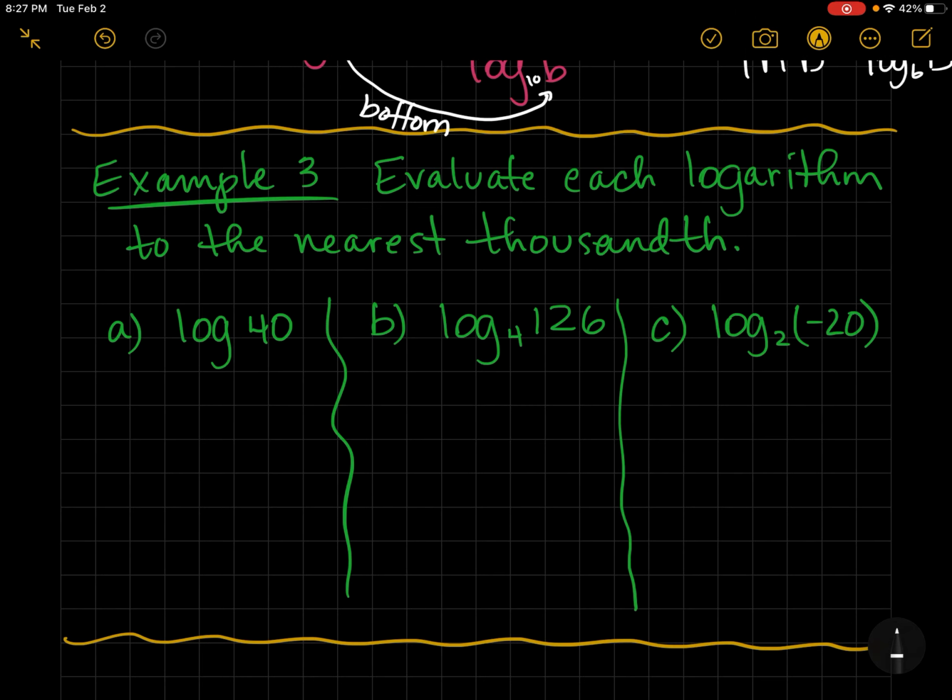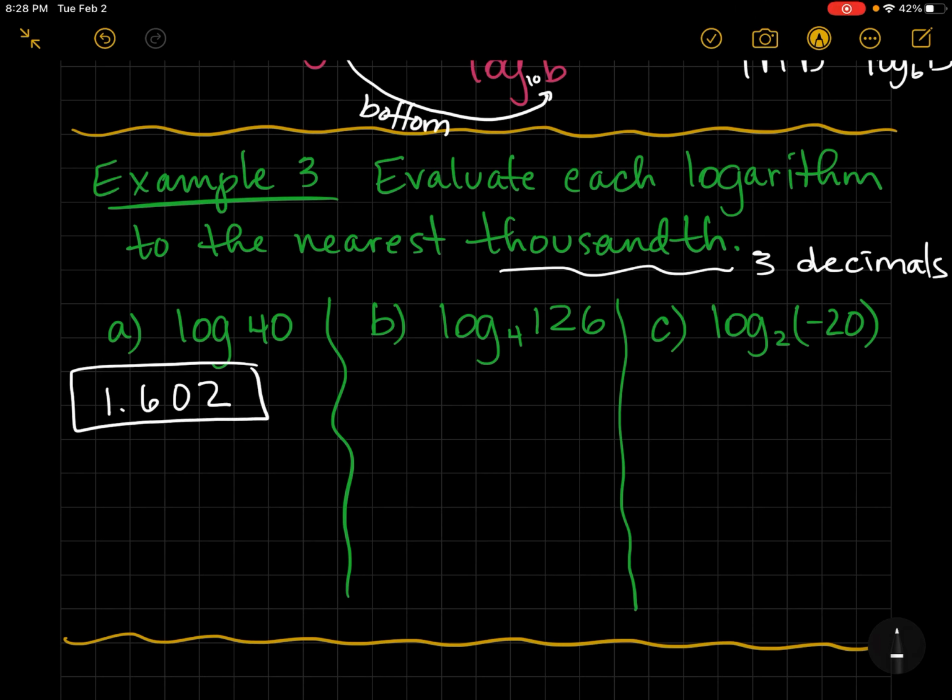Notice this is base 10, so we have a button here. 602. Thousandth, that's 3 decimal places. And remember, you check the next number to see if it's 5 or higher, and then you go up.